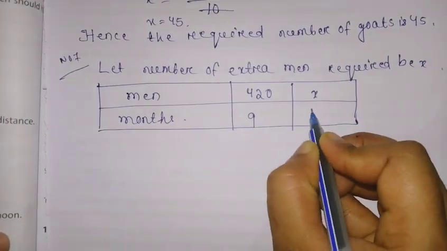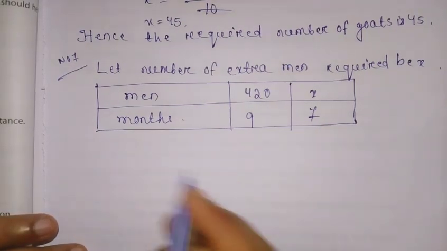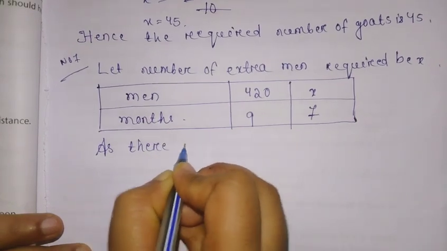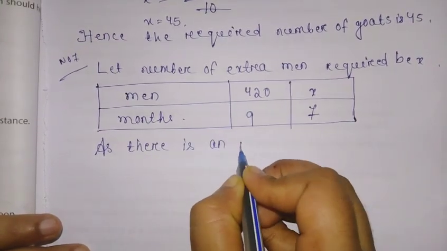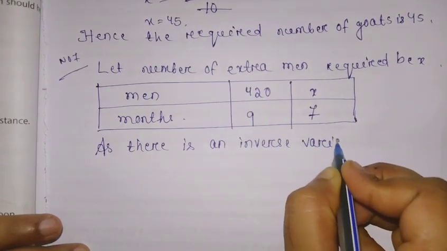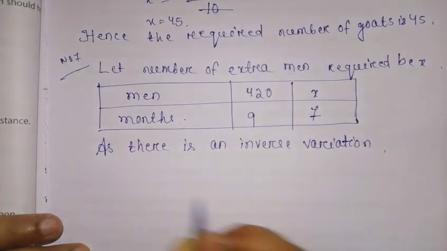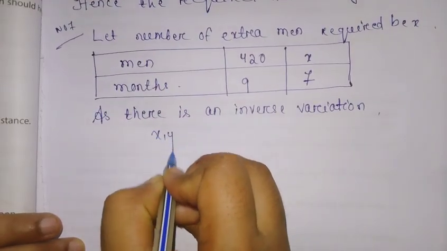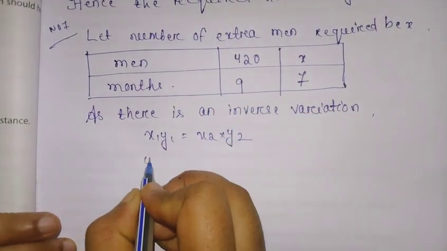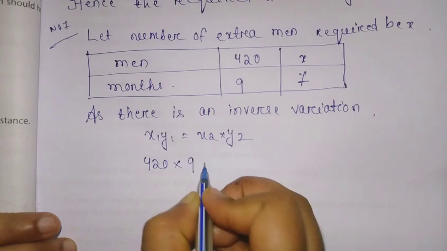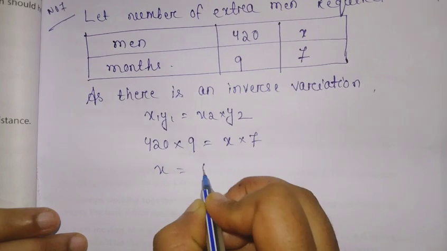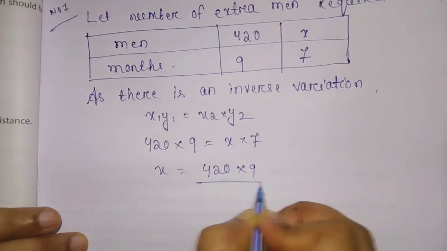As there is an inverse variation, put the formula x1 into y1 equals x2 into y2. Here x1 is 420 and y1 is 9. Then x2 is x and y2 is 7. Then x equals 420 into 9 divided by 7.